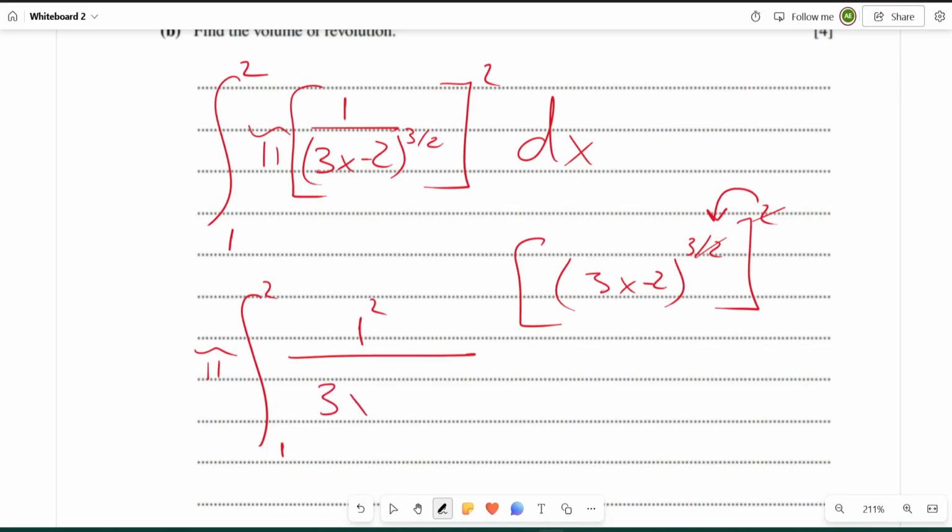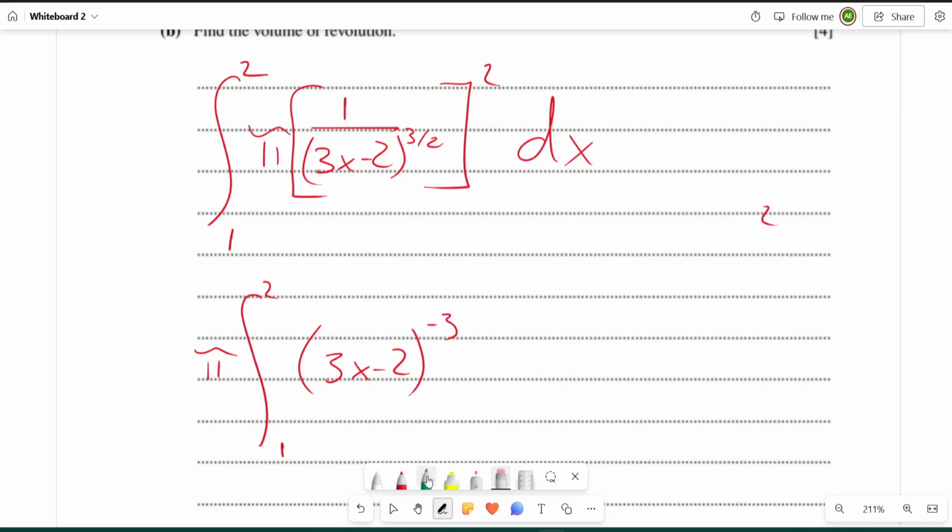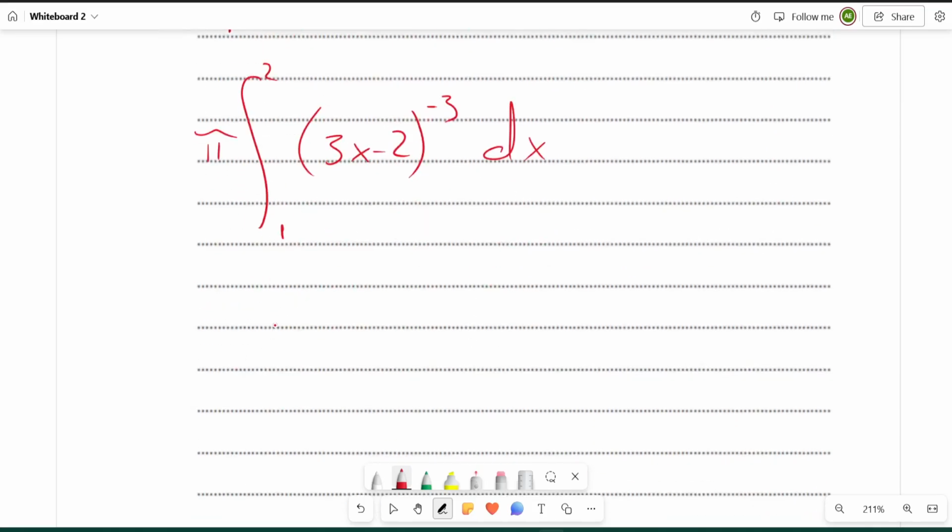So it's going to be (3x minus 2) all to the power of 3. I can rewrite it, bringing it up, as (3x minus 2) to the power of minus 3. Let me erase this whole thing and just write it as (3x minus 2) to the power of minus 3. Now, this is my integration that, when I solve it, is going to give me a number, and that number is going to equal the volume of the rotated shape.